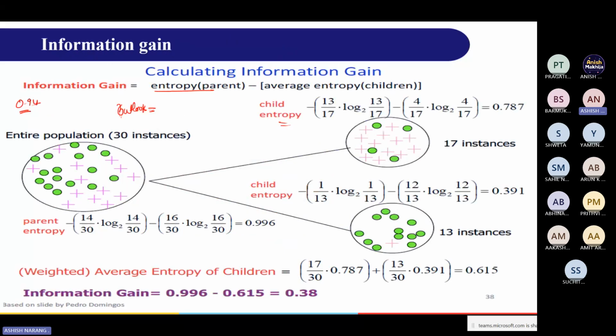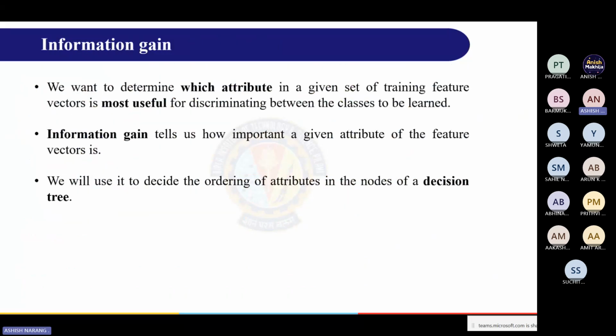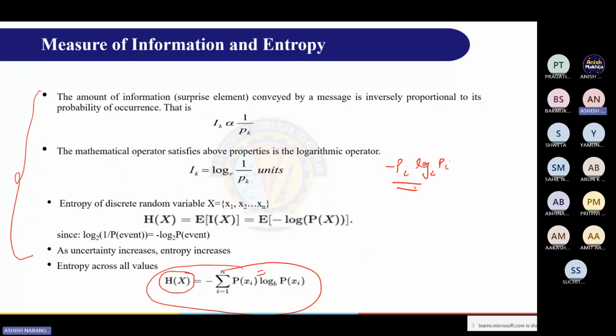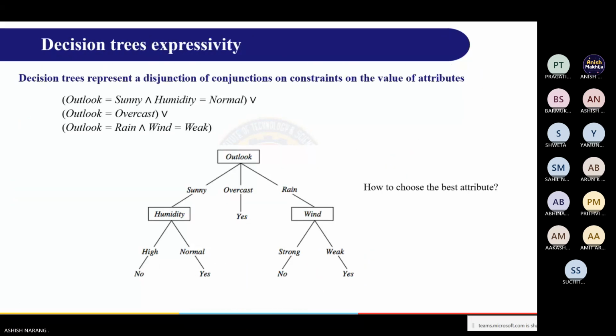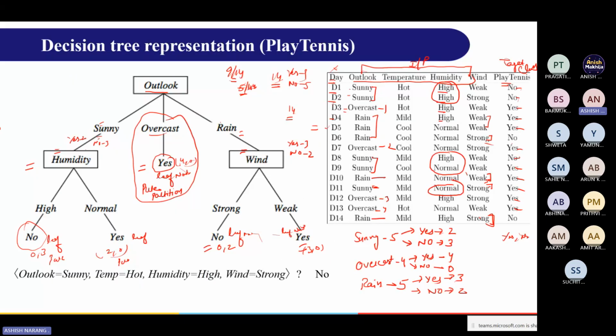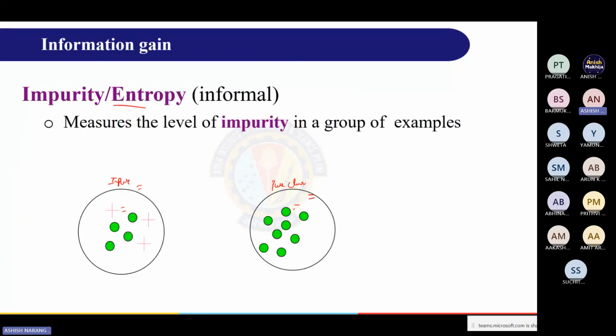That is what we can say from the 9-5 split. If I consider Outlook, what is the entropy level I am achieving? If I consider, let's say, wind, what is the entropy level? Temperature, wind, and one more, humidity, right? I'll check each one and calculate the entropy levels we are getting.